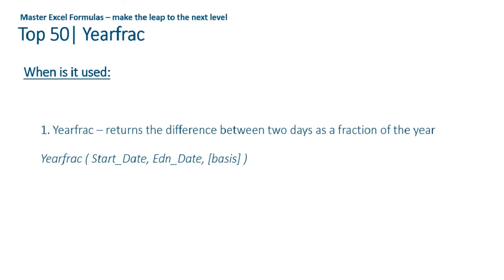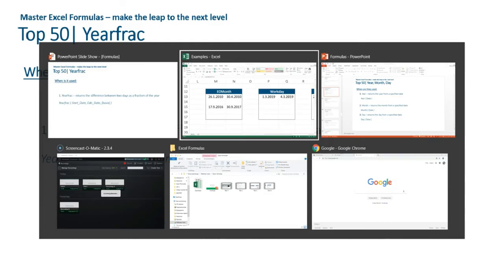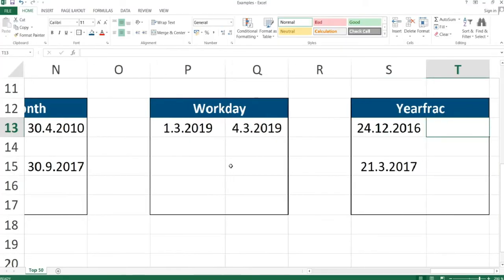I use this formula. What it does is purely return the difference between the 2 days as a fraction of the year. We have a start date, an end date, and then we have the basis, which is an optional thing, but I'm going to show you that as well.